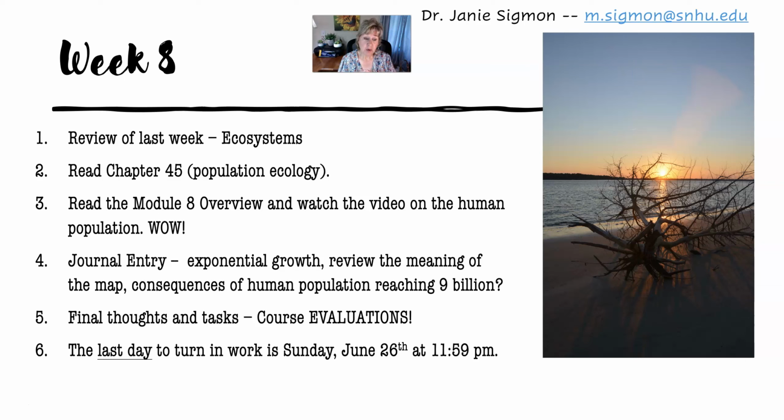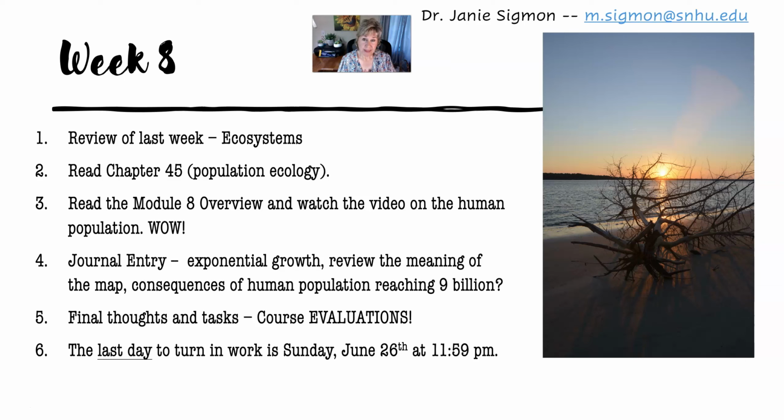because the video on the human population is absolutely amazing. It's an animation to show you how the human population has changed over time since we first showed up on this planet until now. It is estimated that in 2023, which is next year, the human population will reach 8 billion. Let me put this in perspective.